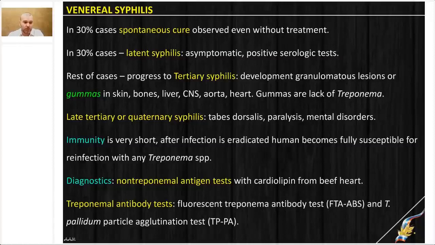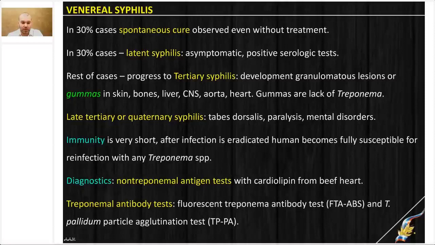If you talk about diagnosis of the disease, we have two major groups of tests. They are classified into treponemal and non-treponemal. Non-treponemal tests are based on identification of the cardiolipin antigen. And as we said, it has a common structure with some animal species, and usually we use cardiolipin obtained from beef heart or some other extractions from animals, because it has a common structure with bacteria.